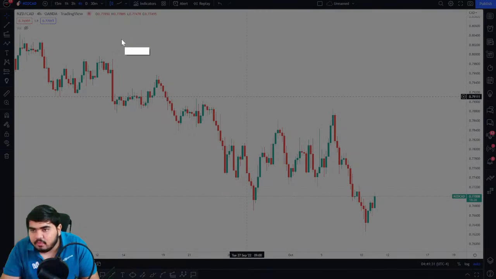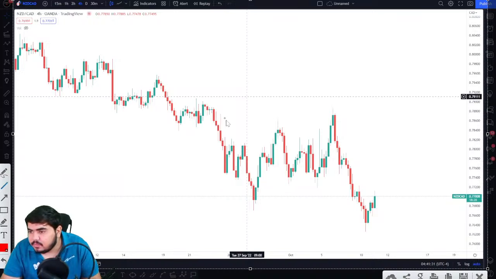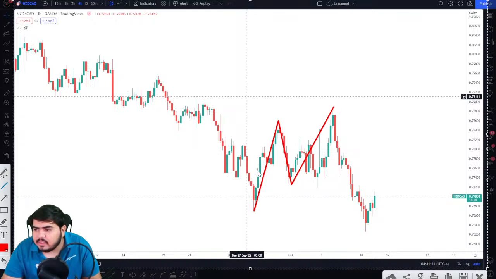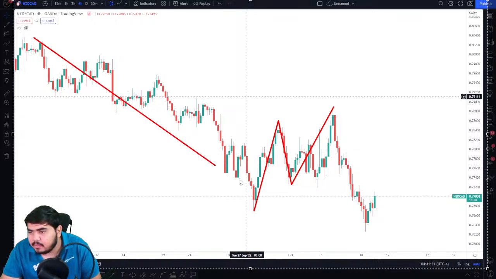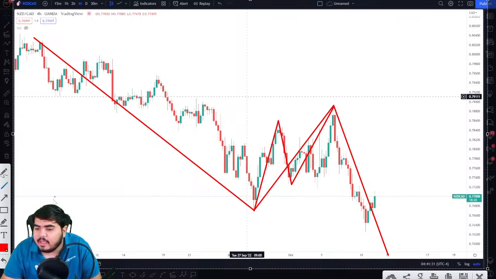So what market actually did was that it created this ABC correction toward the upside direction. Basically, if we use the first wave right here, then this is kind of a ABCD. But anyway, this was a corrective phase and this was an impulsive phase. So impulse correction, and what are we expecting after that? Another impulse toward the downside direction.